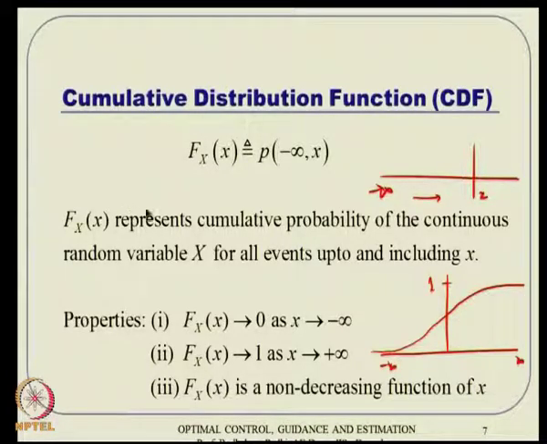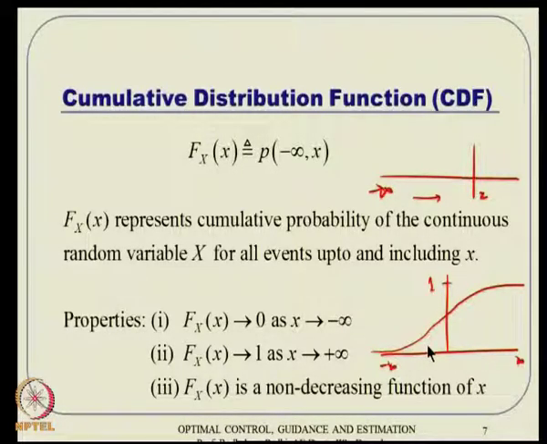Now, an interesting property of this distribution function: the derivative turns out to be 0 here and 0 here. The derivative starts increasing, then decreasing, and then becomes 0 again, and all the time it remains positive. The slope is always positive; initially it is 0, finally it is 0, and somewhere in between it is maximum.